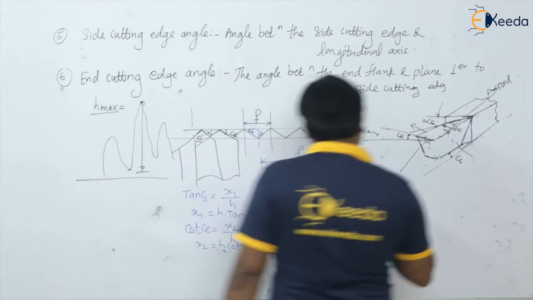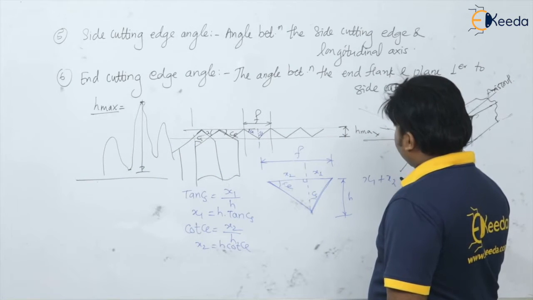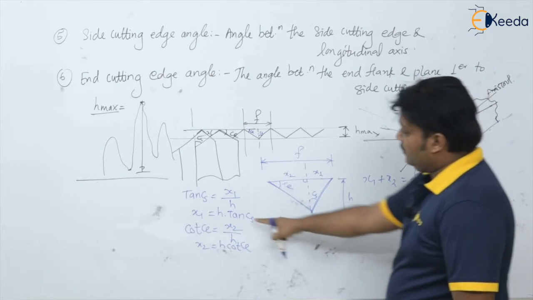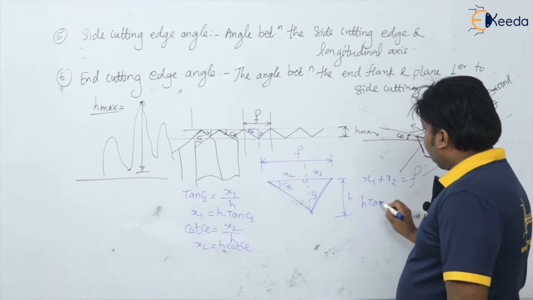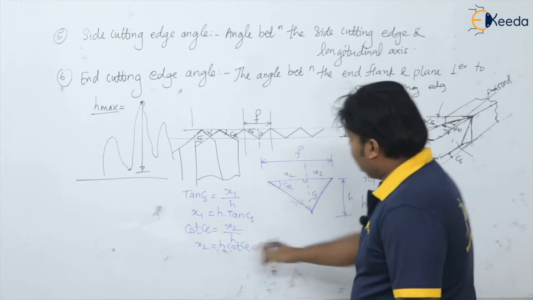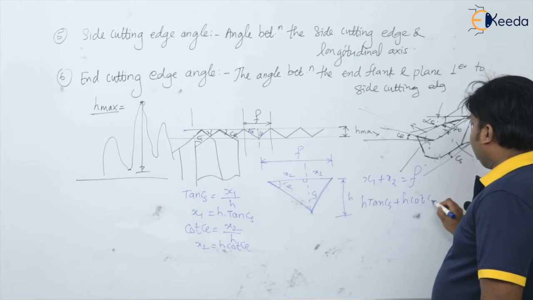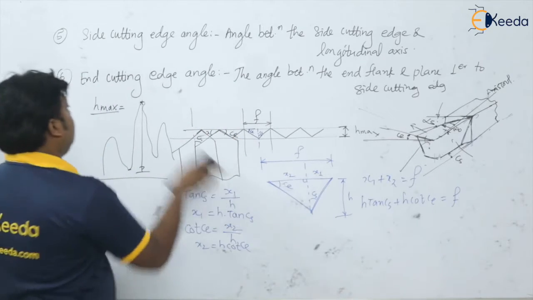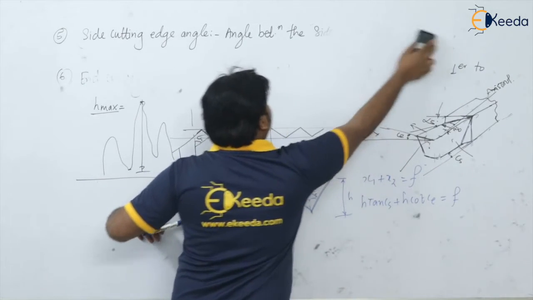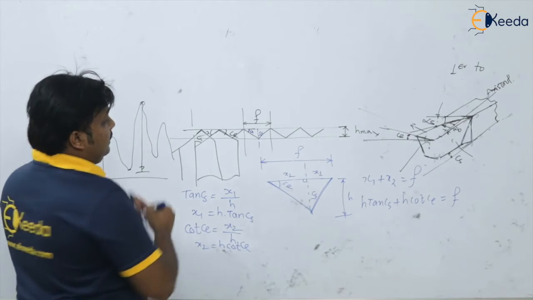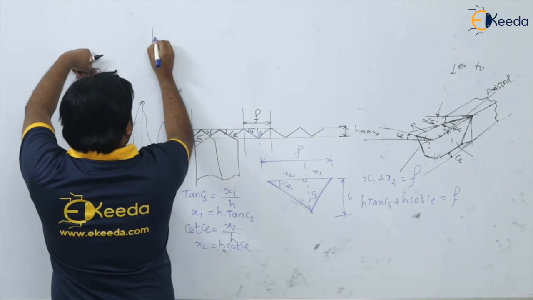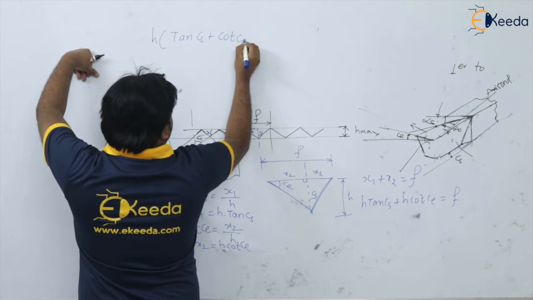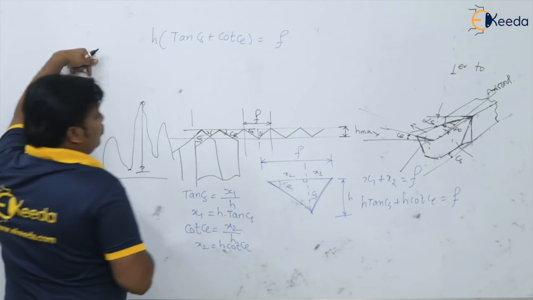And we know that x1 plus x2 is equal to the feed F. So x1 is H tan CS, plus x2 is H cot CE, is equal to F. Taking H common into the bracket, H times tan of CS plus cot of CE is equal to the feed in millimeter per revolution.